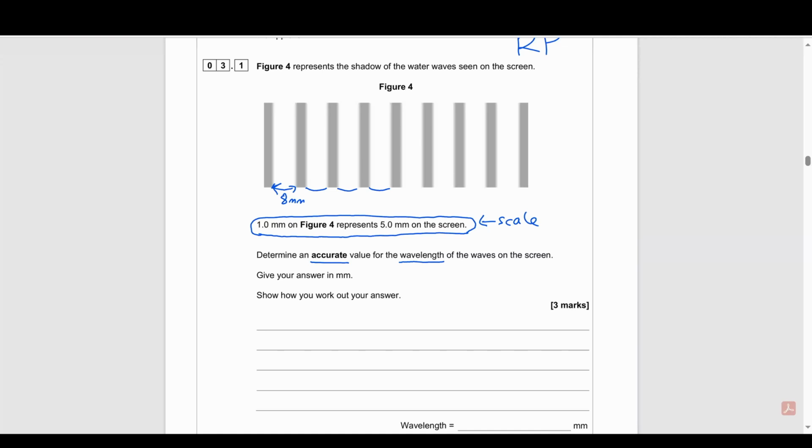So if 1 millimeter is equal to 5 millimeters on the screen, then if we've measured 8 millimeters, that would be 8 millimeters multiplied by 5, which would be 40 millimeters.